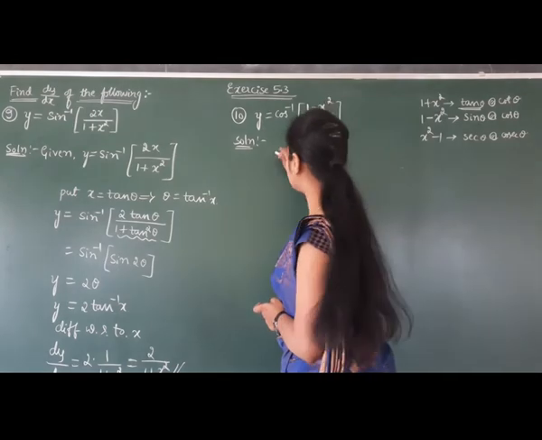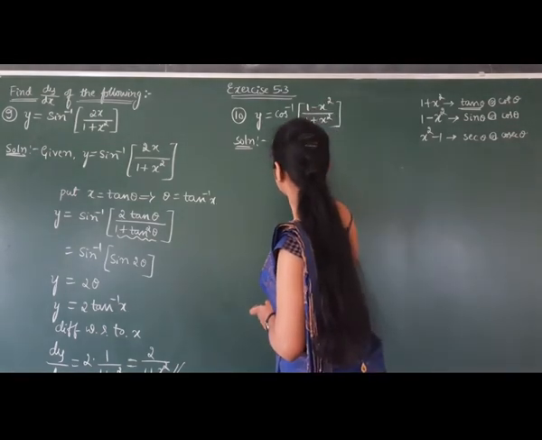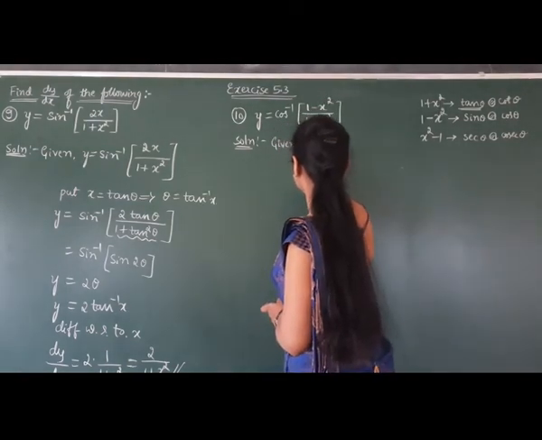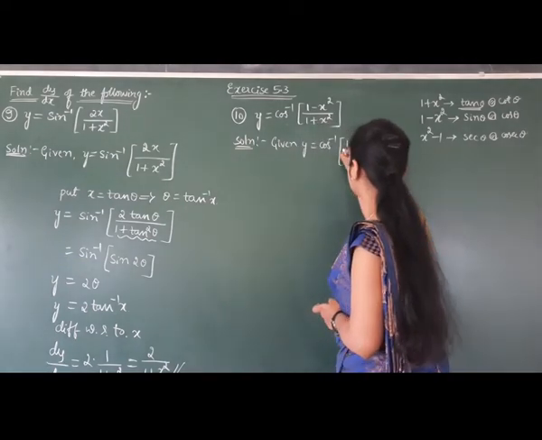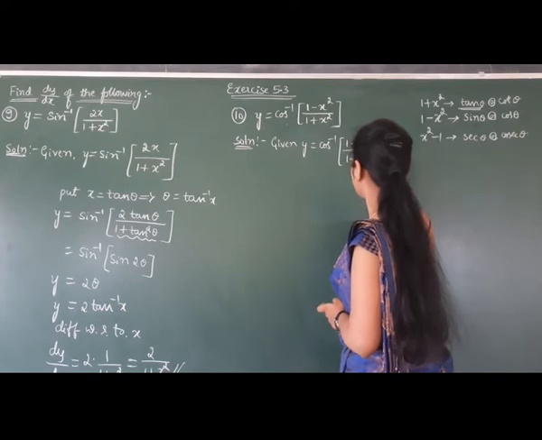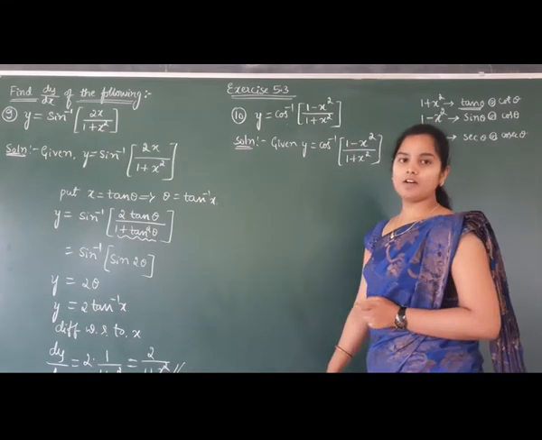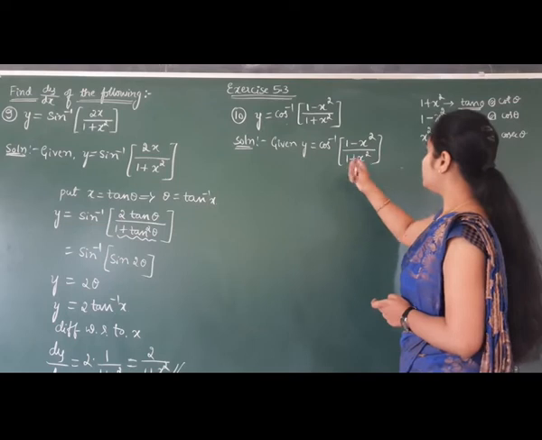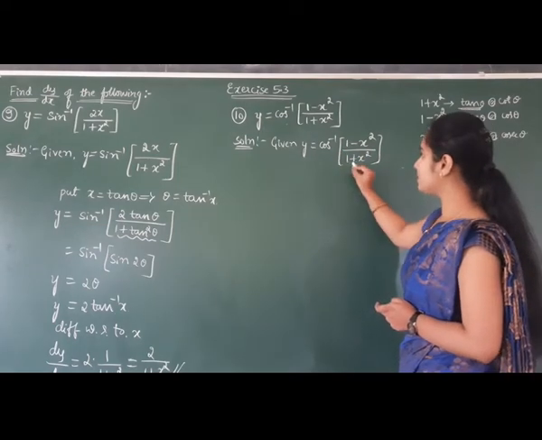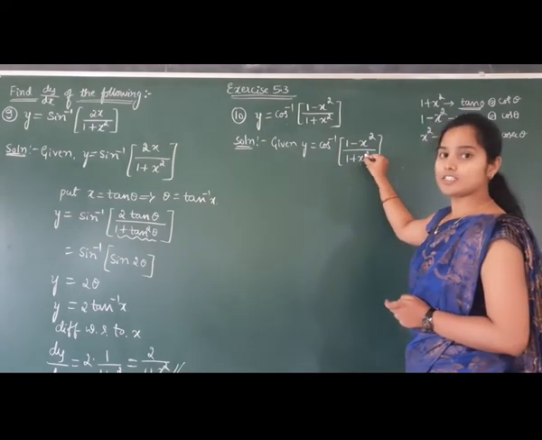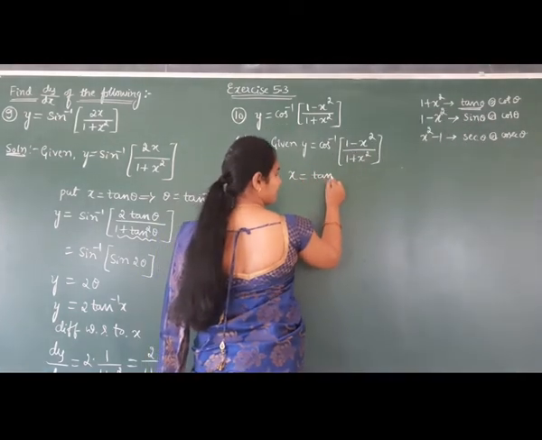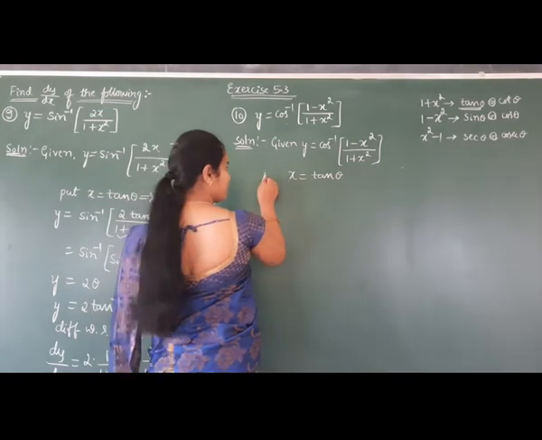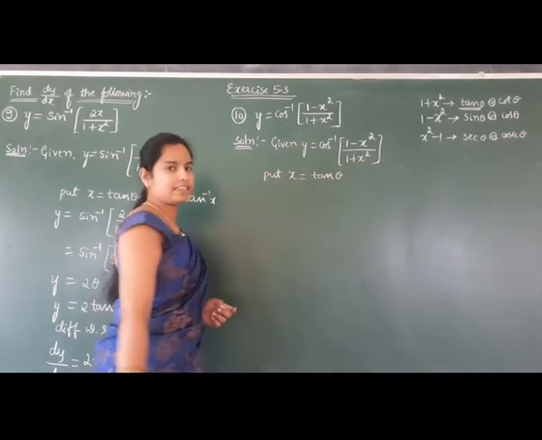First we consider the given function, that is y is equal to cos inverse of 1 minus x square divided by 1 plus x square. Okay? So here also this equation has 1 plus x square. So I will substitute x as tan theta. Okay? So here also we put x is equal to tan theta.